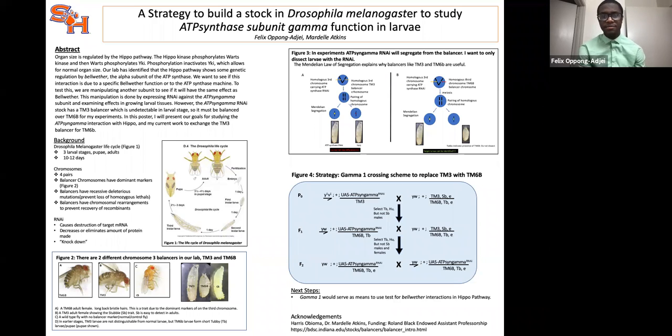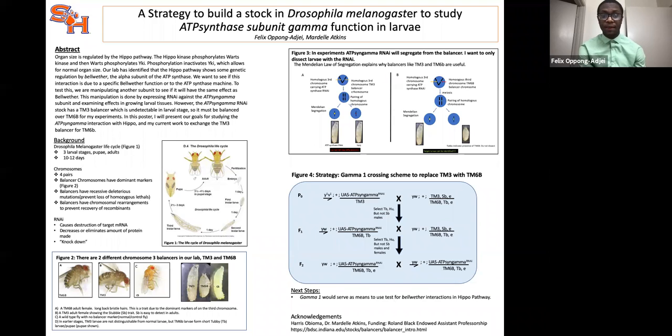However, the ATP synthase gamma RNAi is balanced over the TM3 chromosomal balancer. Flies that have the TM3 chromosomal balancer along with the ATP synthase gamma RNAi are essentially undetectable in the larval stage. We can't really see what we're looking for in the ATP synthase gamma RNAi on a fly with the TM3 balancer when it's in the larval stage.